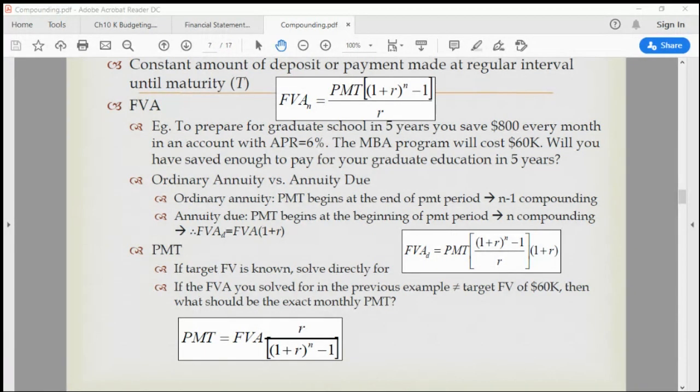Now, suppose you have decided to go to graduate school, right? And graduate school costs, of course, a lot of money. Of course, it would cost less than 4 years.